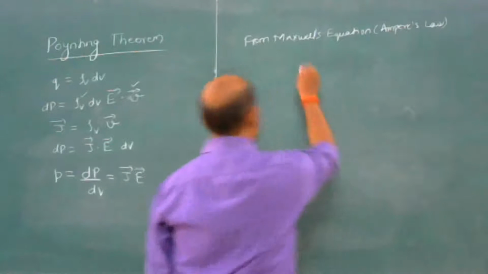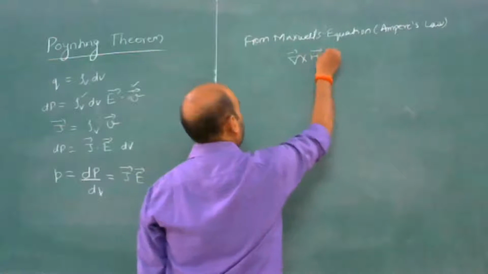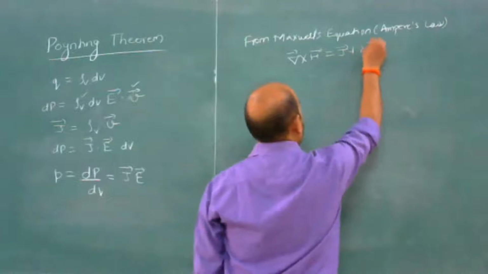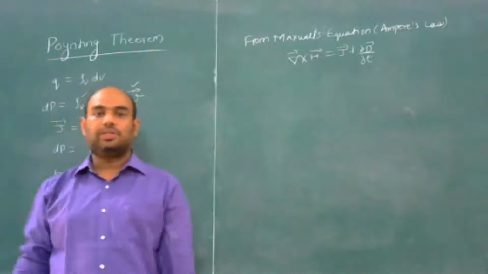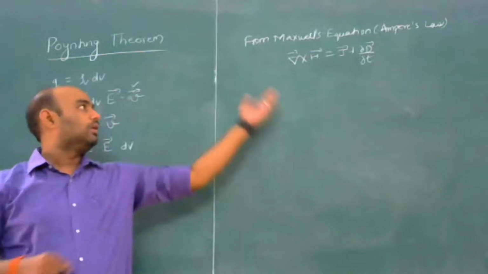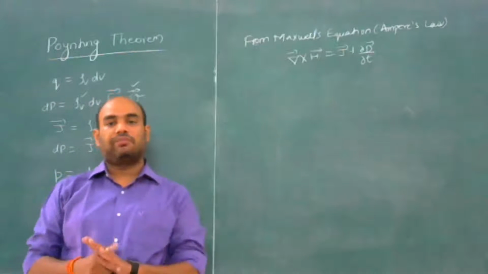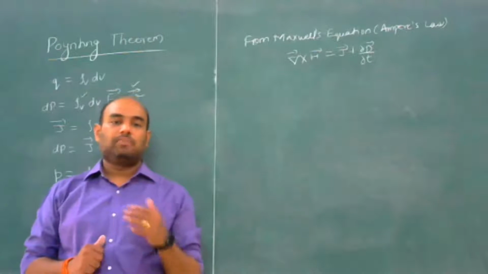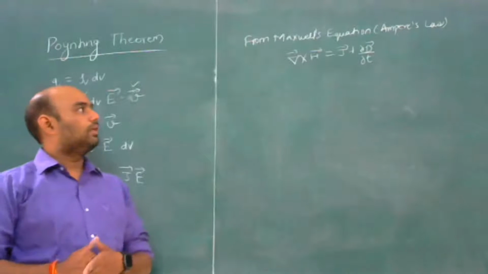We know that curl of H is equal to J plus del D by del t. This is Maxwell's equation in point form, which is derived from Ampere's law. It is applicable for time varying fields only.